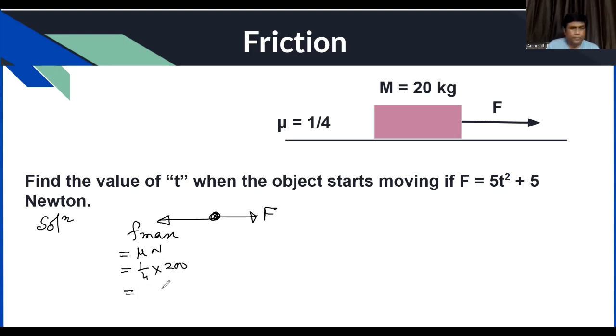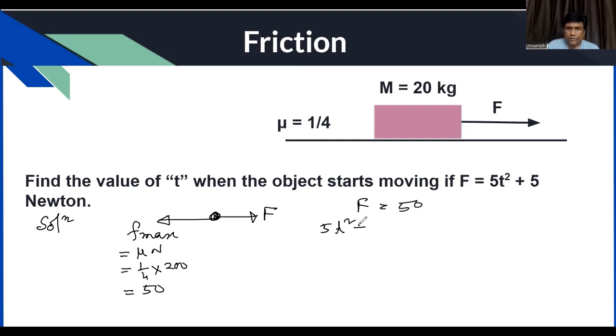It means 50. So applied force must be greater than or equal to 50. You can write equal also because we want the starting time only. Excellent. Both are correct.